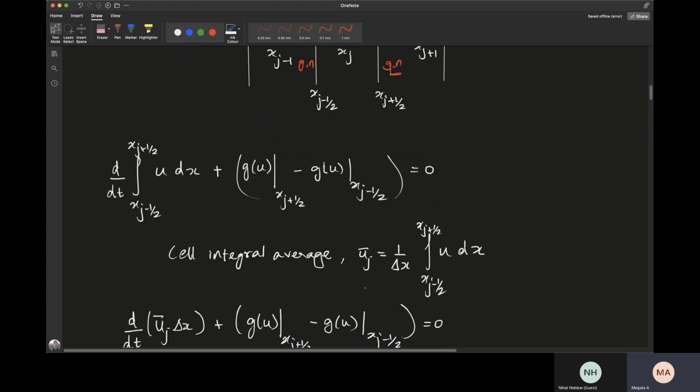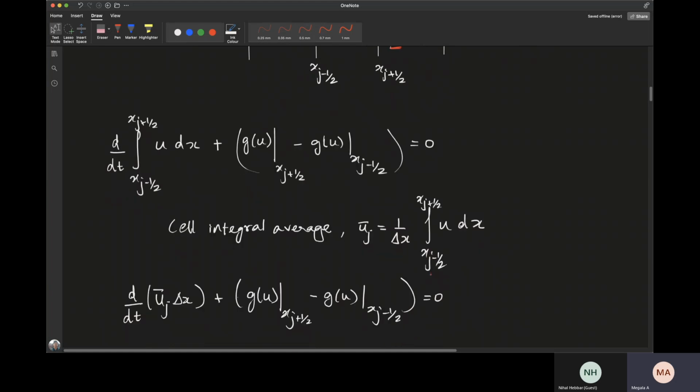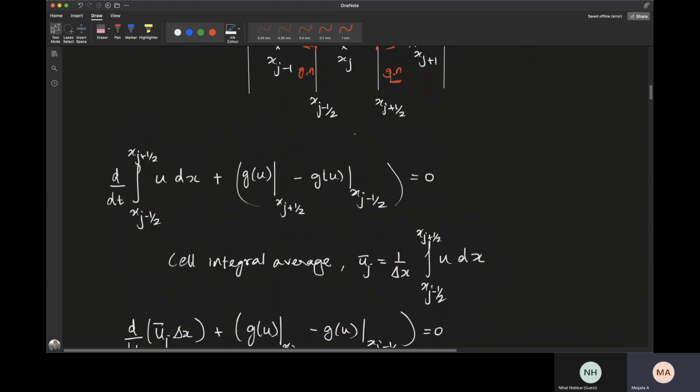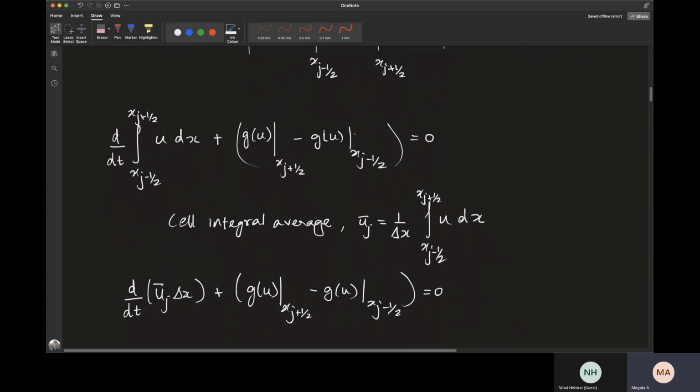You're calculating the cell integral average, which is uj bar, from this integral, which is the average of the whole u. So integral u dx by delta x, since delta x is the length of your physical domain, which is actually the volume in 3D.